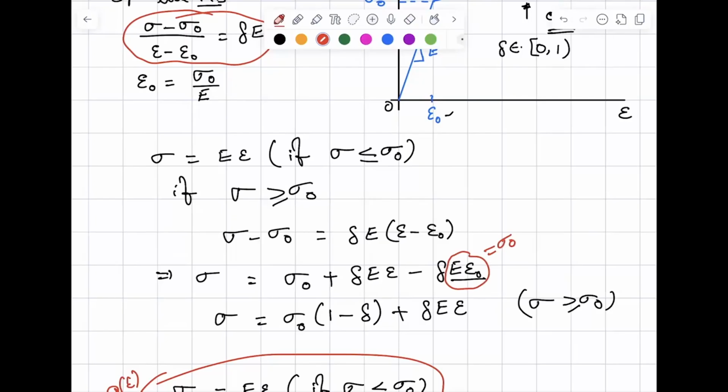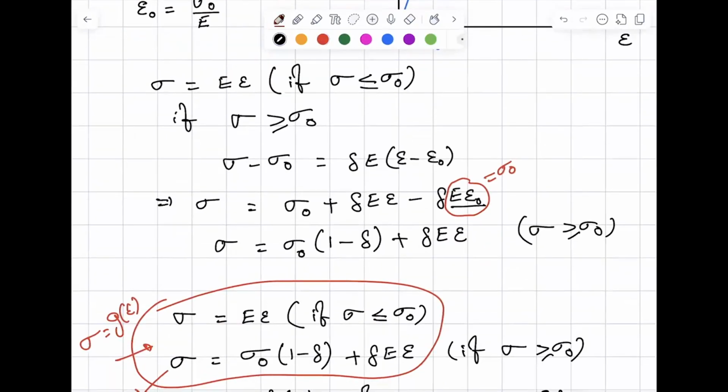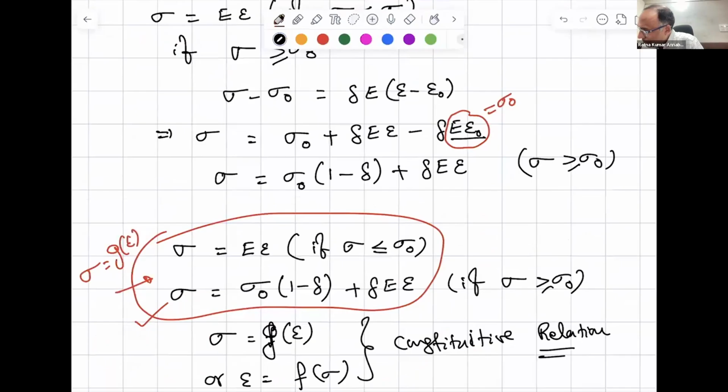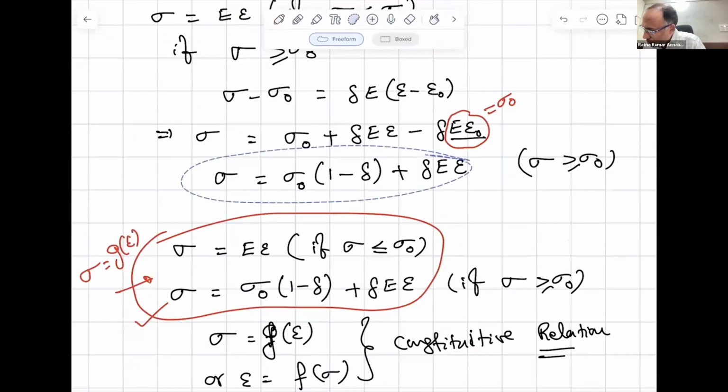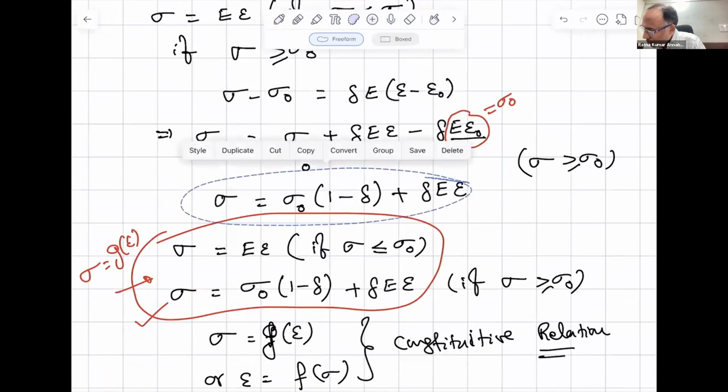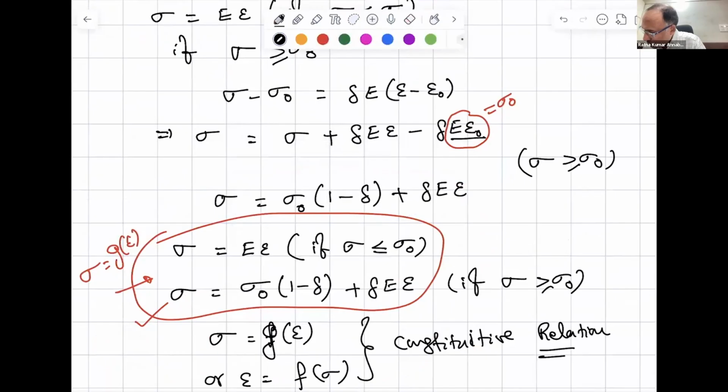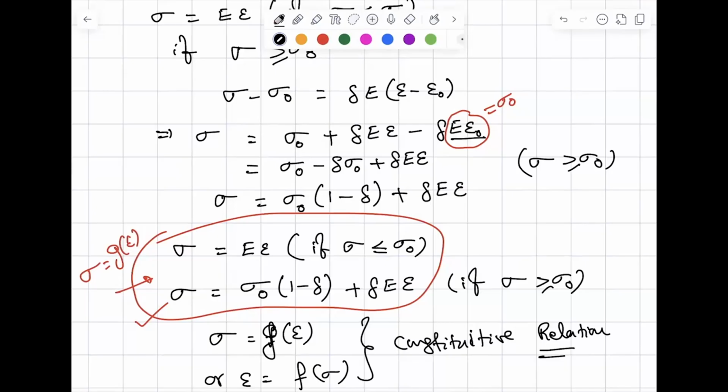I have skipped one step in between, so let me do that step also. Then that is equal to sigma naught minus delta sigma naught plus delta E epsilon. Okay, sir. Got it. That step I missed. I did not write it, that's all.